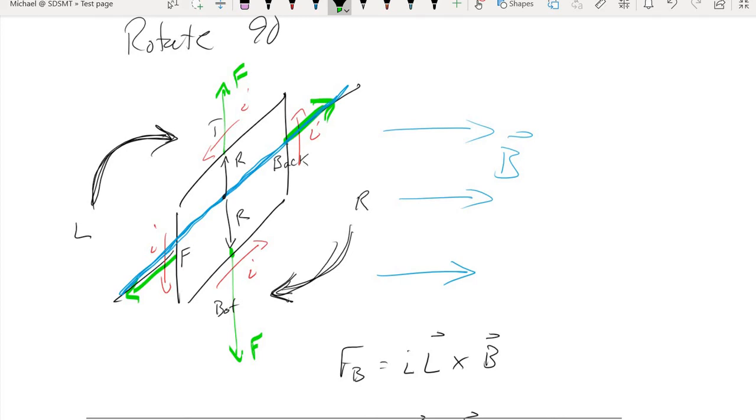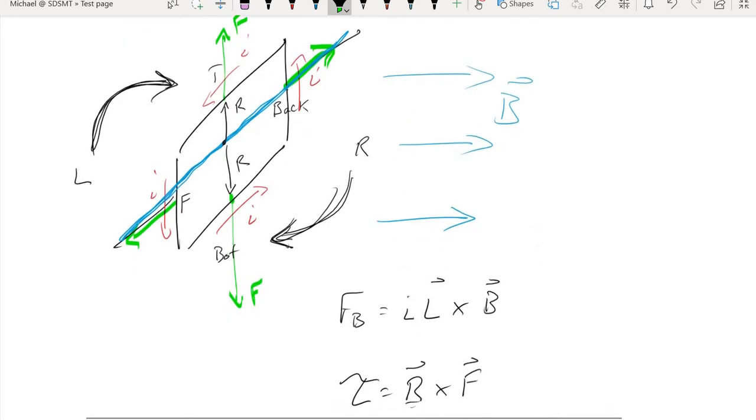At this point, if we try applying the torque expression, the radial vector and the force vector for the top leg are running parallel to each other. That's an angle relationship of 0.